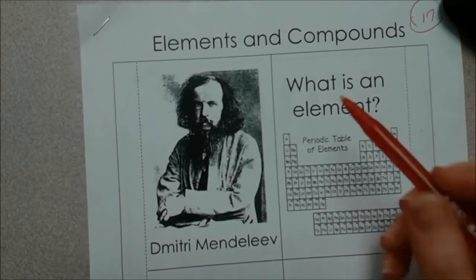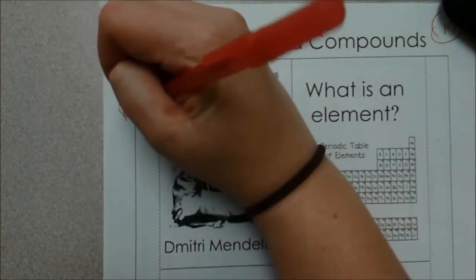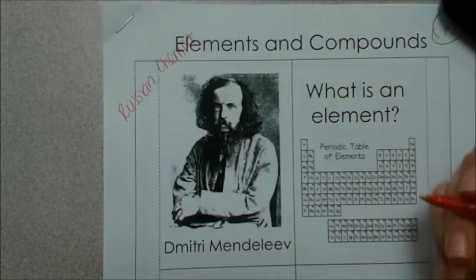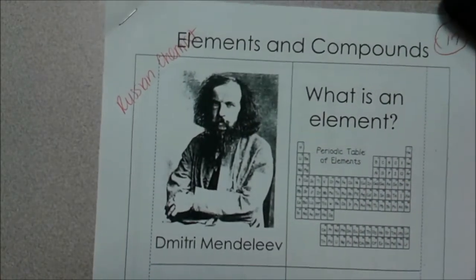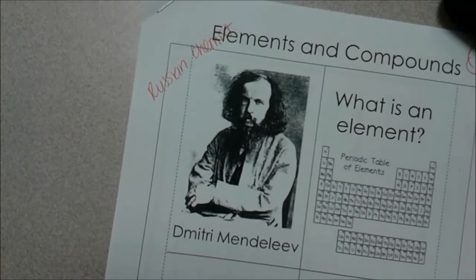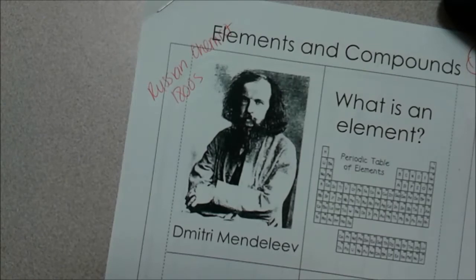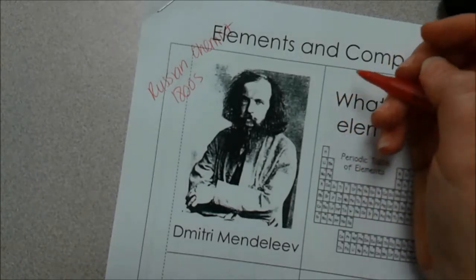So Dmitry Mendeleev, he was a Russian chemist. At that time, it was in the 1800s, so it was a very long time ago. There were very few elements known. So what Mendeleev did is he used his knowledge to sort the periodic table based on properties.